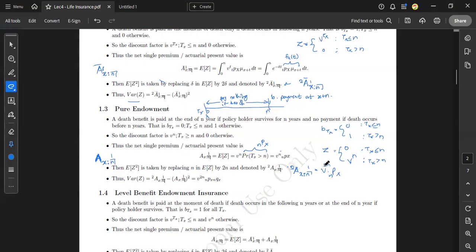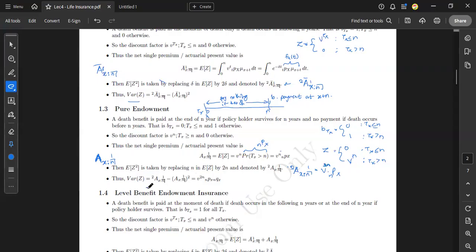So we only replace n in the present value random variable, not in the probability function. So you can derive the variance equation from here.